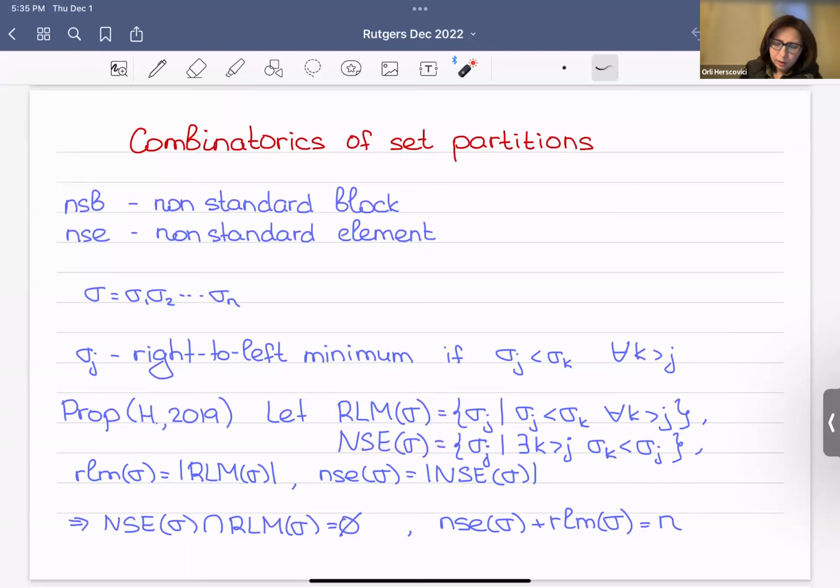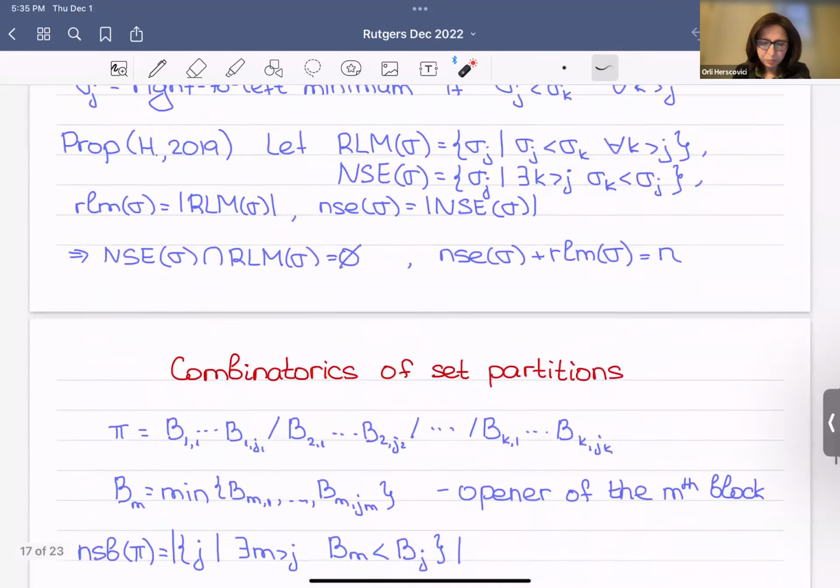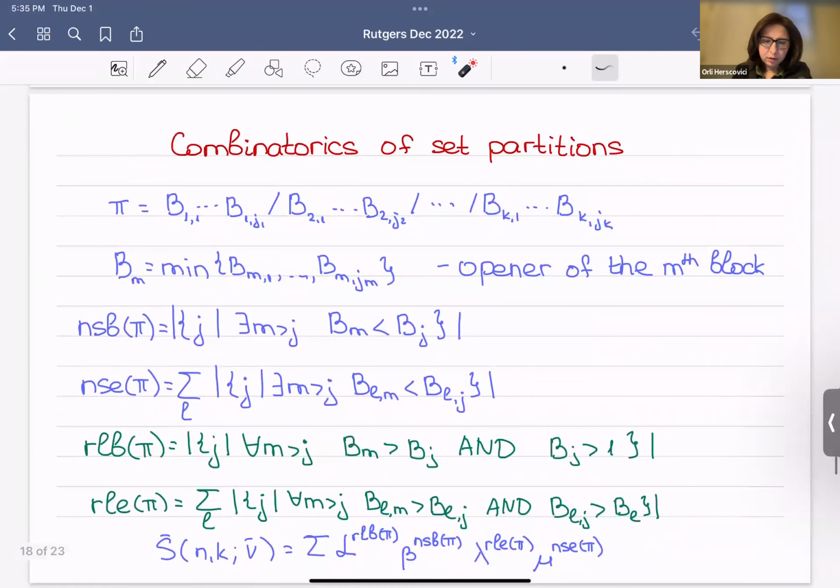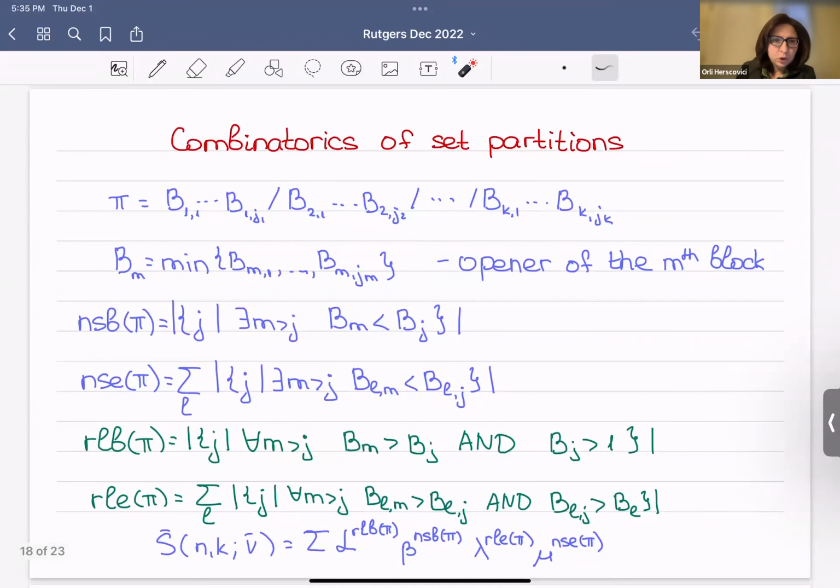And if we consider their cardinalities, the sum of their cardinalities will always give us n. So the statistic NSE is just complementary to the statistic right-to-left minimum on permutations. Okay, so now we are ready for set partitions.